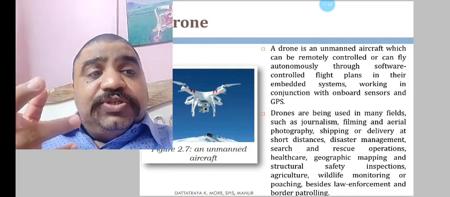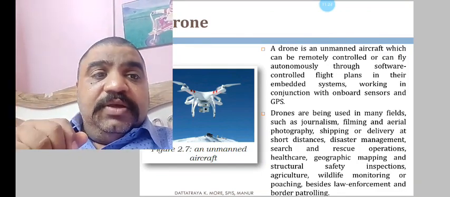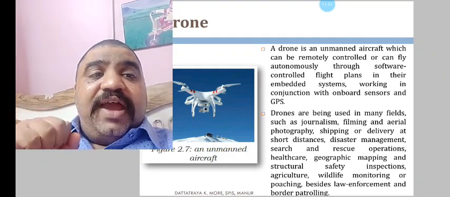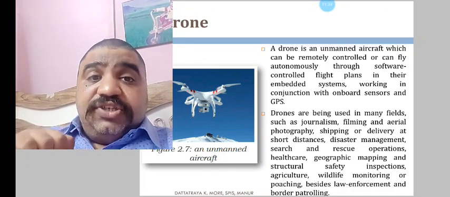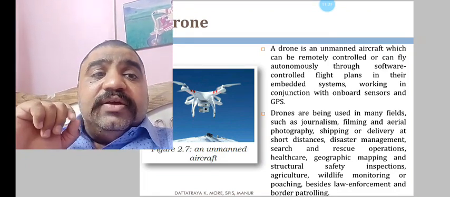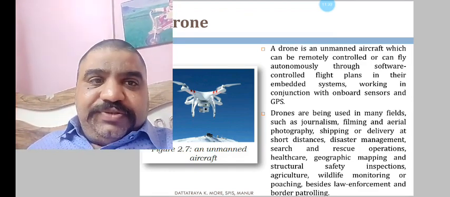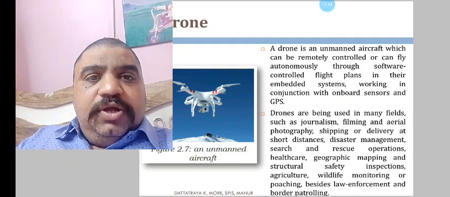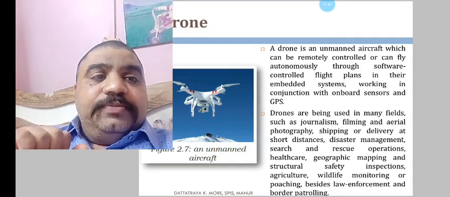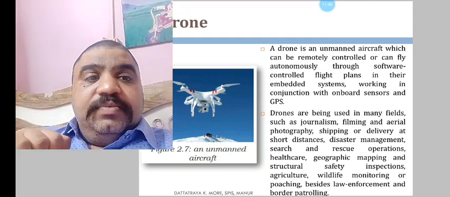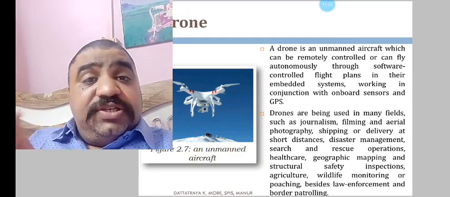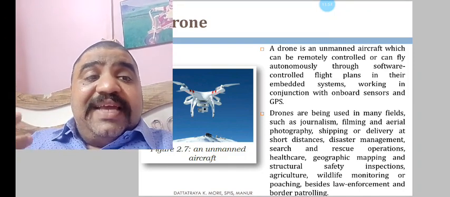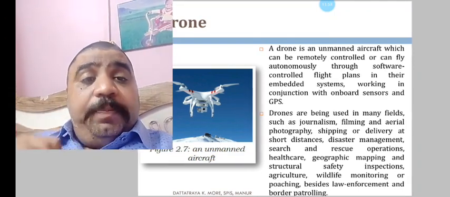Drones are being used in many fields such as journalism, filming and aerial photography, shipping or delivery at short distances, disaster management, search and rescue operations in hilly areas or any other areas where human beings can't go, healthcare, geographical mapping and structural safety inspections, agriculture, wildlife monitoring or poaching, besides law enforcement and border patrolling.